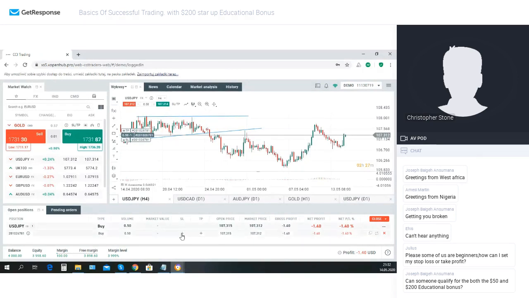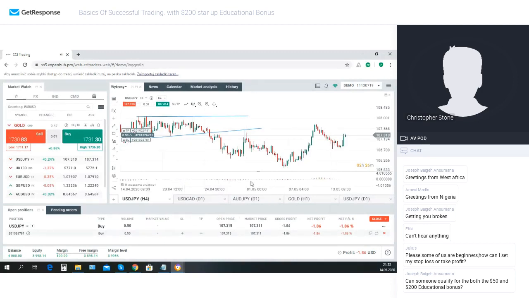You can add stop loss, and you can just write it down, for example, 106.5. And then you see how much it is in pips and how much it is in US dollars.